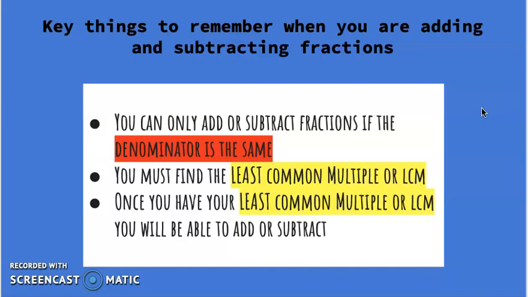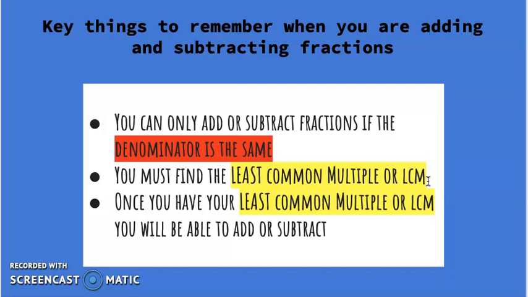So if your fractions do not have the same denominator, how do you find it? Well, you do that by finding your least common multiple, or the LCM. If you don't remember how, I'm going to show you examples in a little bit.